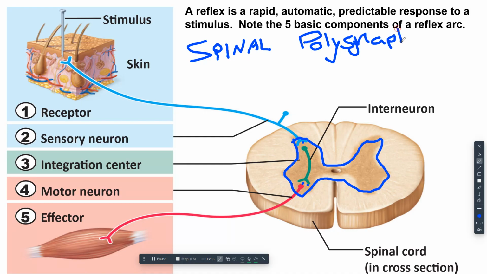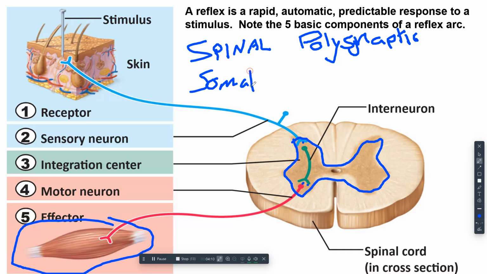And then I can ask myself, what about the effector? Well, this effector down here, this is skeletal muscle. That's what skeletal muscle looks like. And so if it's skeletal muscle as your effector, it is going to be a somatic reflex.